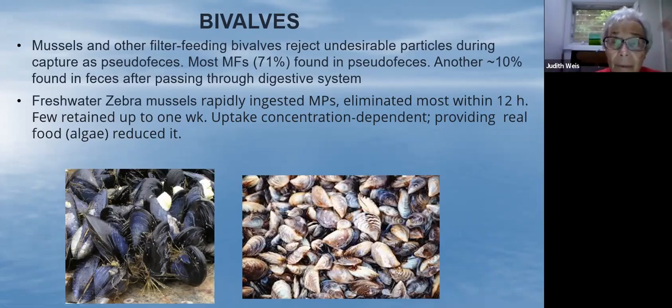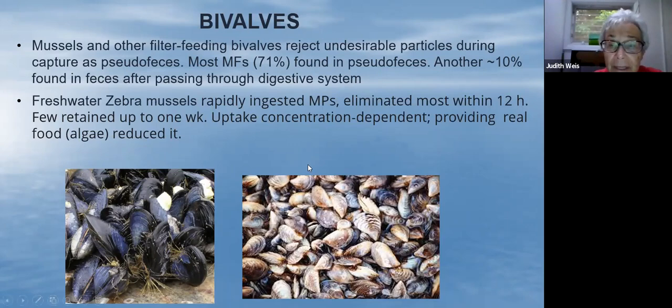This is pseudo-poop. Most of the microfibers that they take in initially are rejected and go out in the pseudo-feces. And then much of the rest goes through their digestive system and is in the feces and is pooped out.